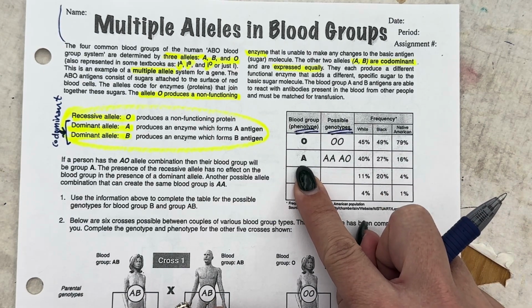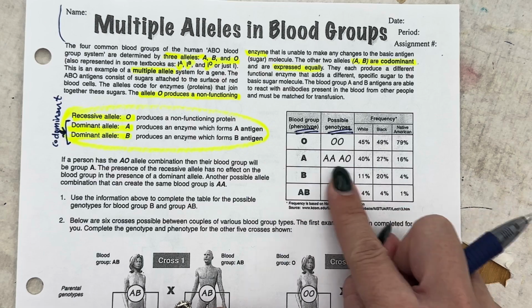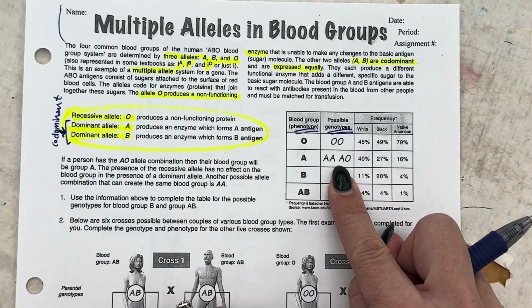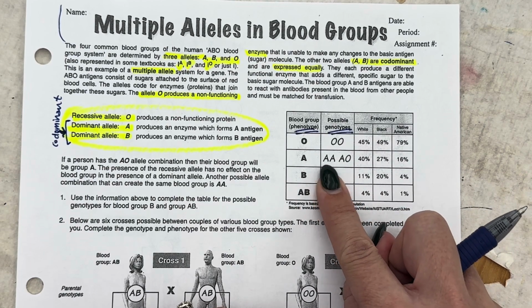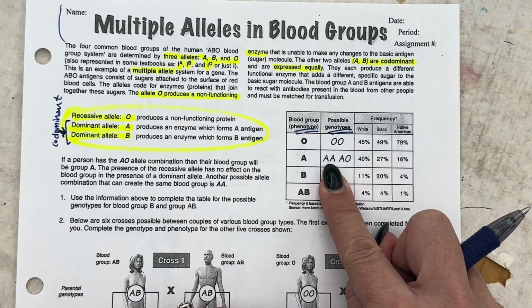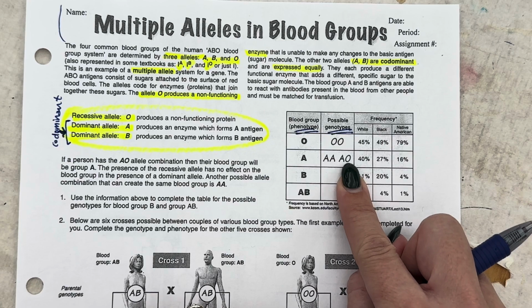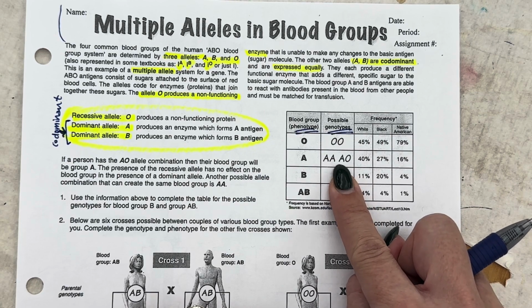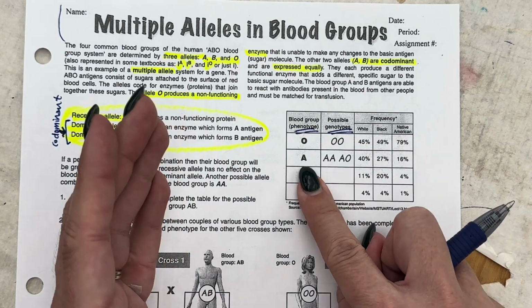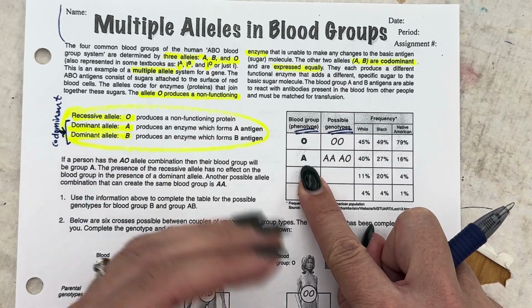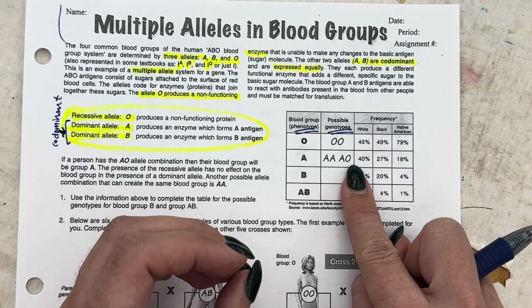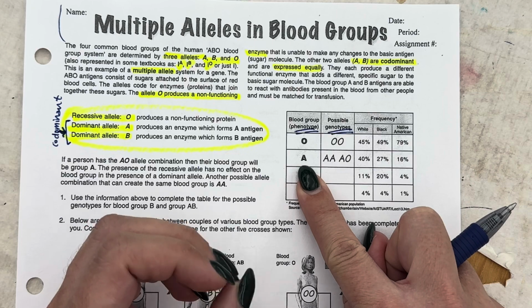If you look at the A phenotype, there's two different genotypes. We can inherit two A alleles, one from each parent, or maybe one parent gave us an A and the other parent gave us an O, or that recessive allele. So since A is dominant over O, A is going to be expressed on the surface of the red blood cells, so both of these genotypes would produce this phenotype.